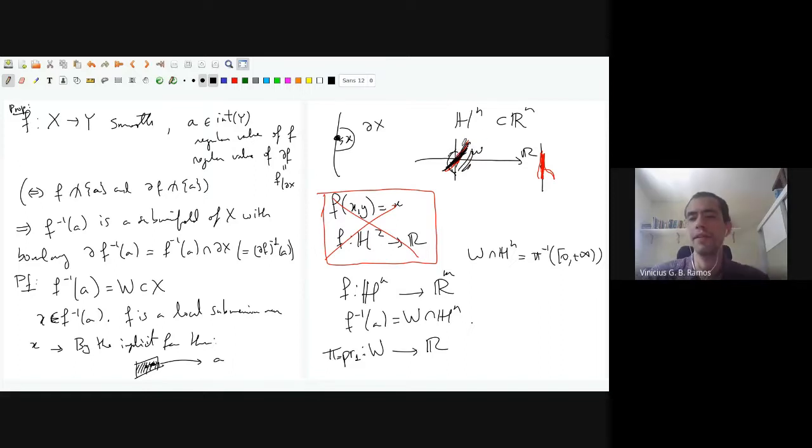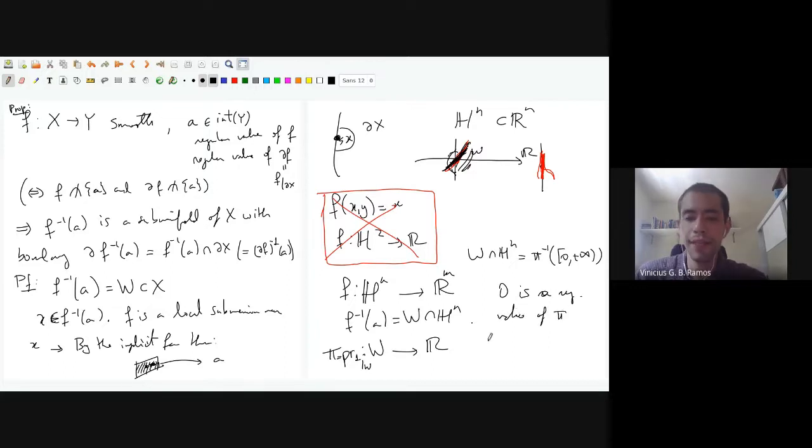So you want to look at what has the first coordinate greater than or equal to 0. And the point now is that 0 is a regular value of pi, the projection restricted to W.